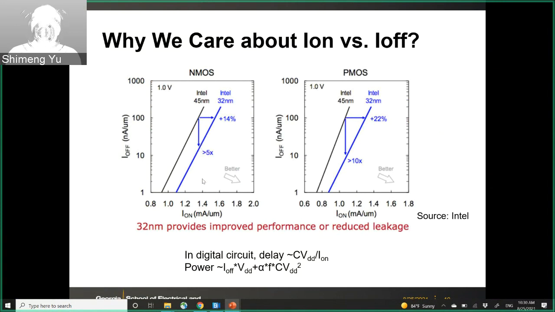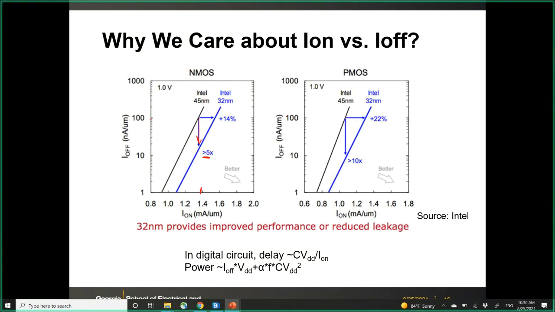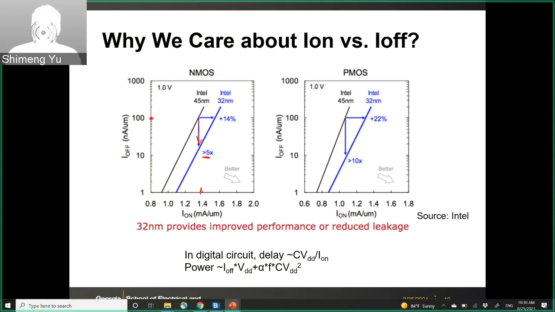For example, if we fix the on current to be 1.4, then scaling can help you reduce the off current by 5 times. Or if we fix the off current to be 100 nanoamp per micrometer, then it can improve the on current by 14%.